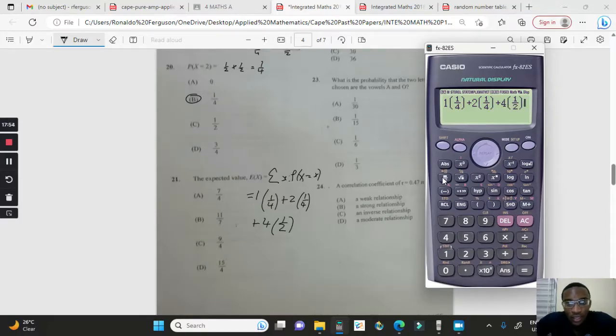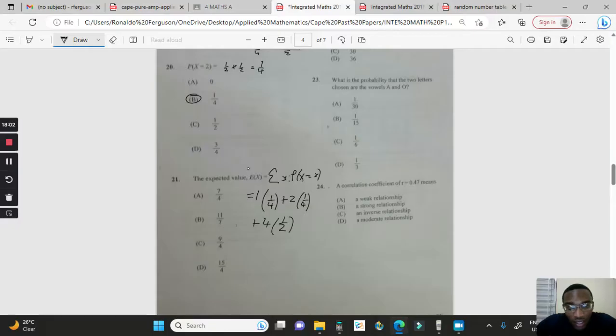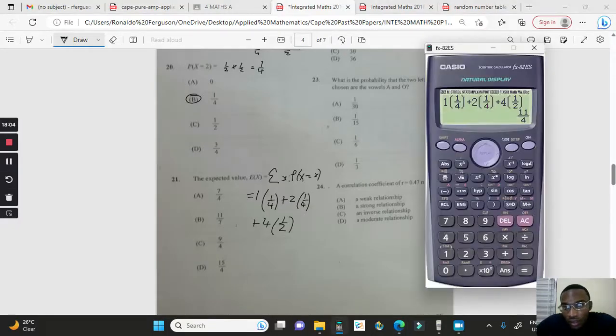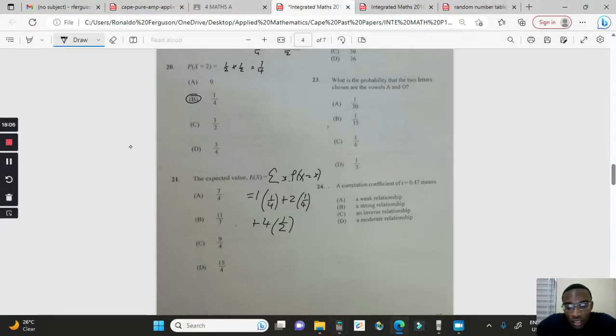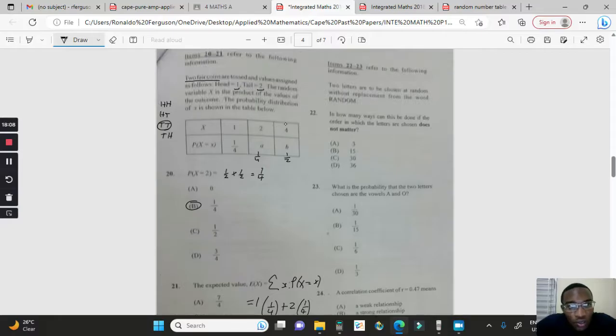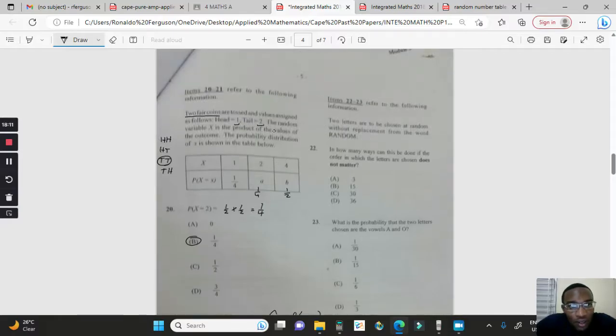Put that in the calculator and we're getting 11 over 4, and 11 over 4 is not there. So clearly, what is this 4 representing?